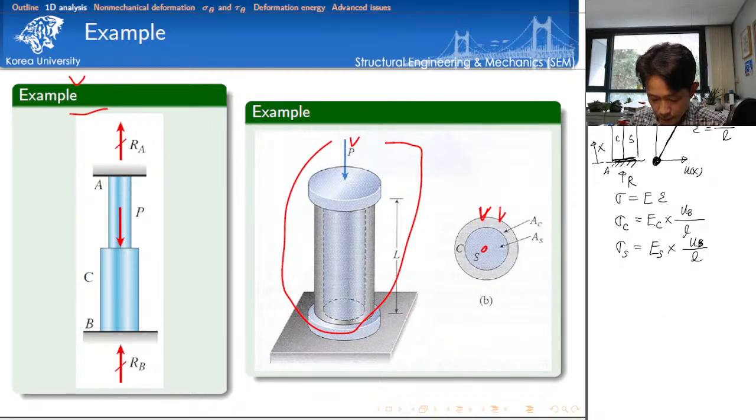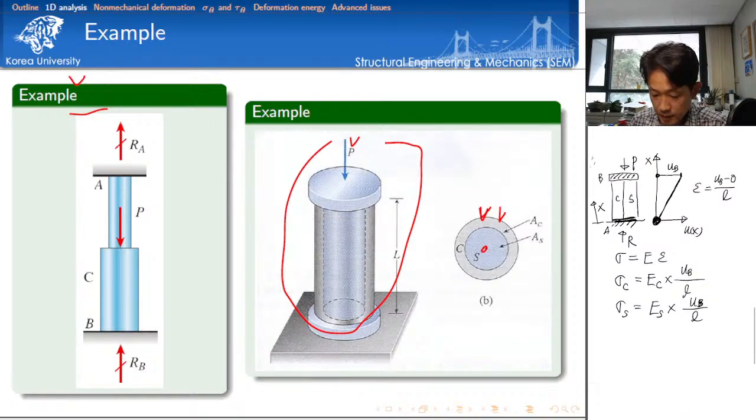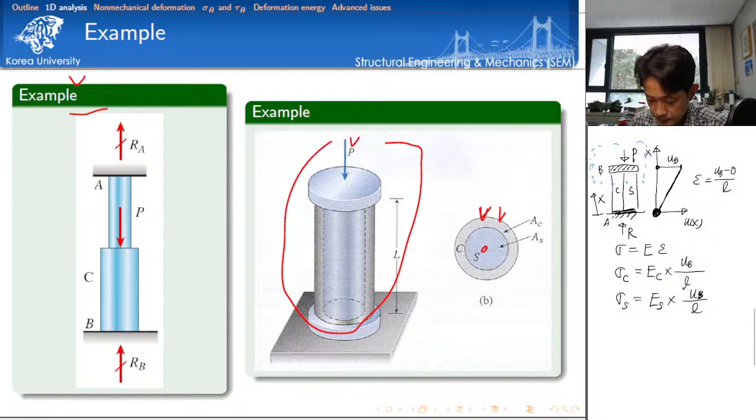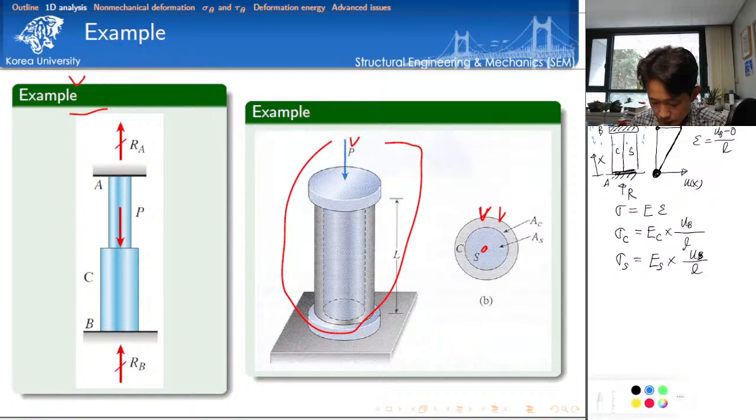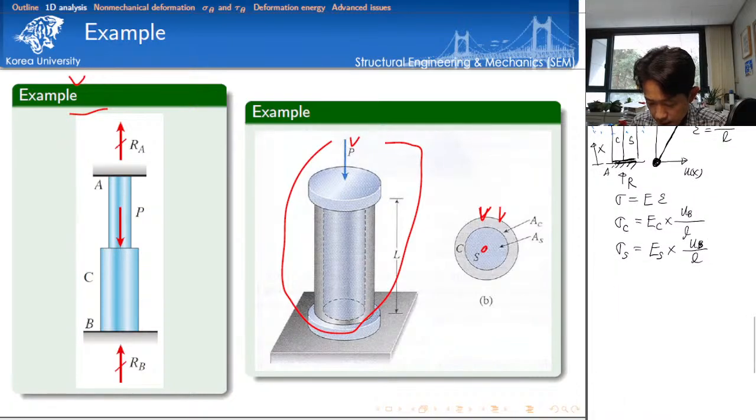So now let's check the force equilibrium. Now this is my free body diagram. So I want to consider this free body diagram, okay? With respect to this free body diagram, I have a rigid plate, and I have to consider a concentrated force here, and I have copper and steel.